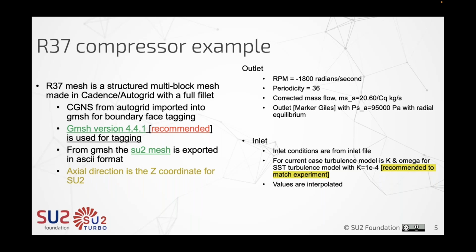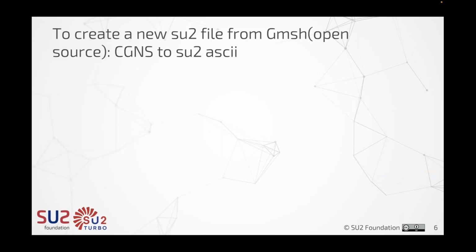For that we put the total temperature, total pressure, we have the radius, we have the alpha and the phi, the incidence angles, as well as the k and the omega for the SST. It's not much different than what we used in ELSA. So that was a big plus because it was easy to get going.